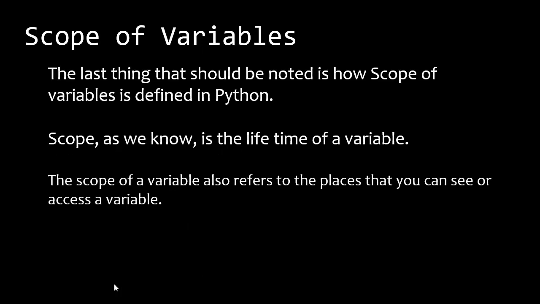All right, scope of variables. The last thing that should be noted is how scope of variables is defined in Python. Scope, as we know, is the lifetime of a variable. Scope of a variable also refers to places that you can see or access a variable. When we talked about scope a lot in your previous programming languages, we talked about its lifetime.